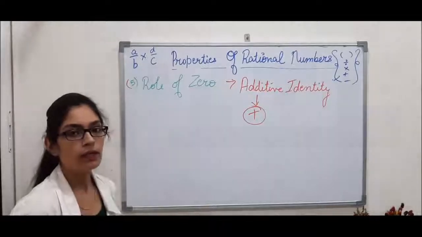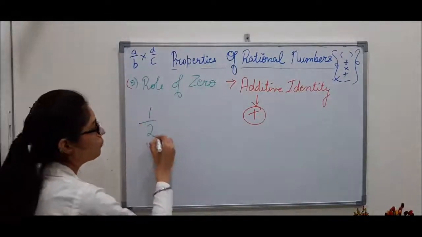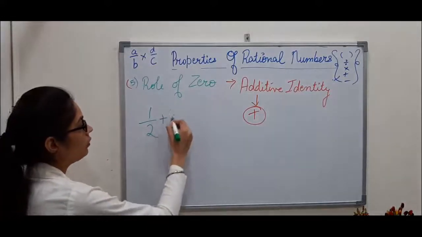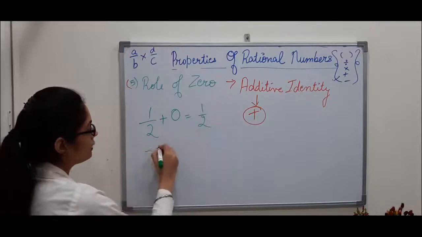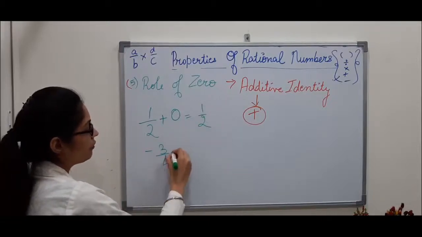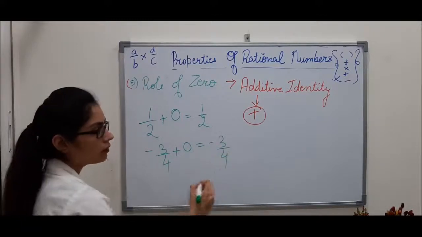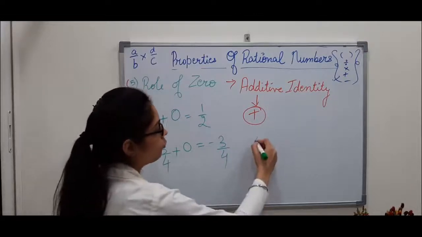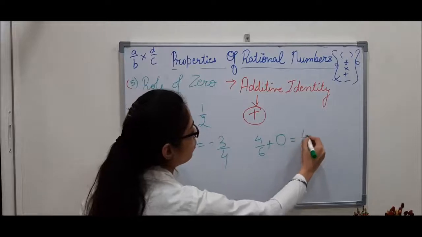Whenever I have any rational number, for example 1 by 2, if I add 0, I will get 1 by 2. If I have minus 3 by 4, if I add 0, I will get minus 3 by 4. Let me take another rational number, let's assume 4 by 6. On adding 0, I will get 4 by 6.